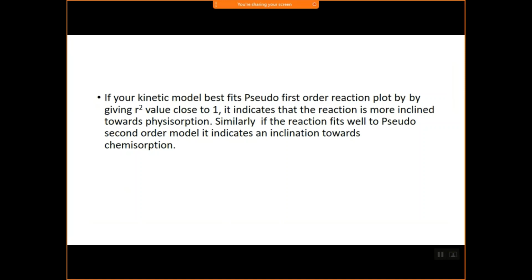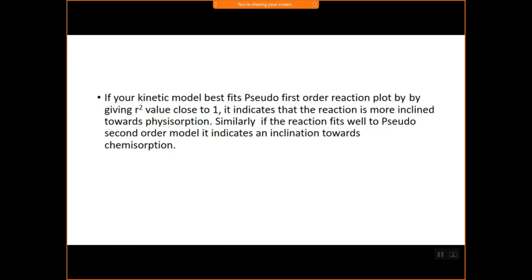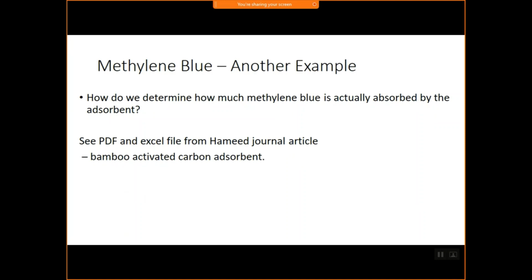If your coefficient of determination is really close to 1, and you've got that pseudo first order reaction with that y-axis of the log(QE minus QT), then you've got physisorption, and with the second order you've got chemisorption. All right, so that's great and all. You can tell which one you've got, and if you've got a strong interaction.